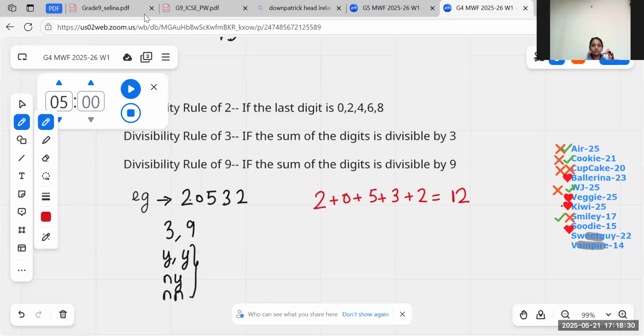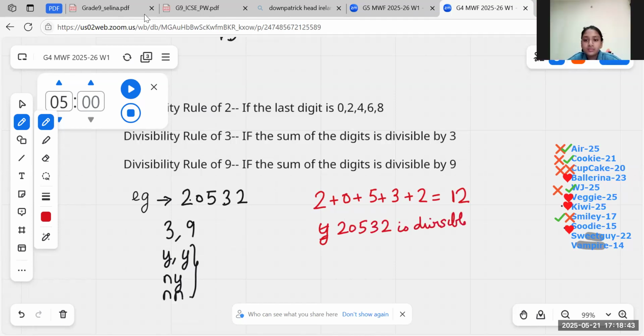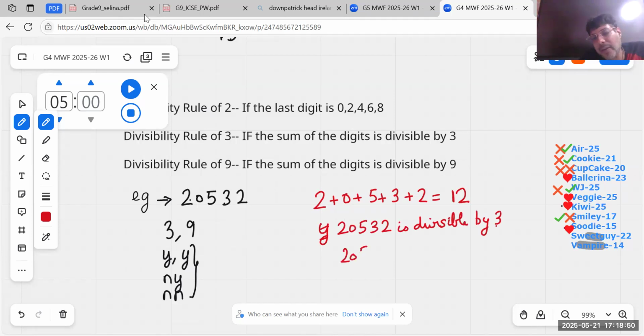So because 12 is divisible by 3, तो पूरा number 20,532 is divisible by 3. But is 12 divisible by 9? No. Then 20,532 is not divisible by 9.